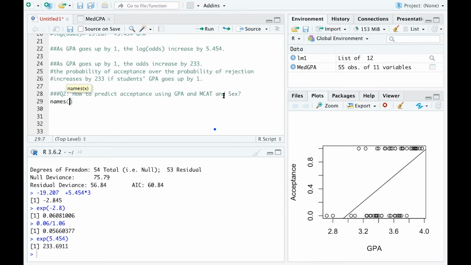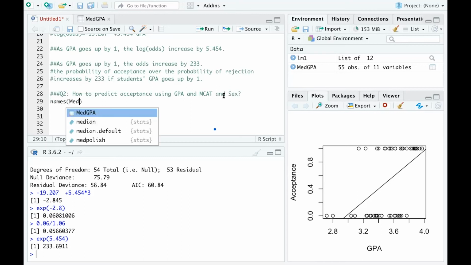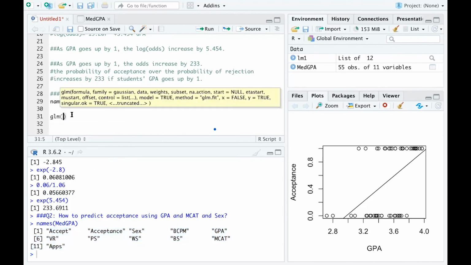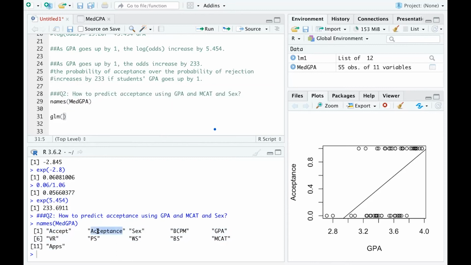My second question here is how to predict acceptance using GPA and MCAT and sex. Again, I want to get the variable names correctly, so I type the names function to get all the variables here. And then I'm going to use the GLM function. I'm using acceptance tilde GPA, MCAT, and sex, and data equals MedGPA.